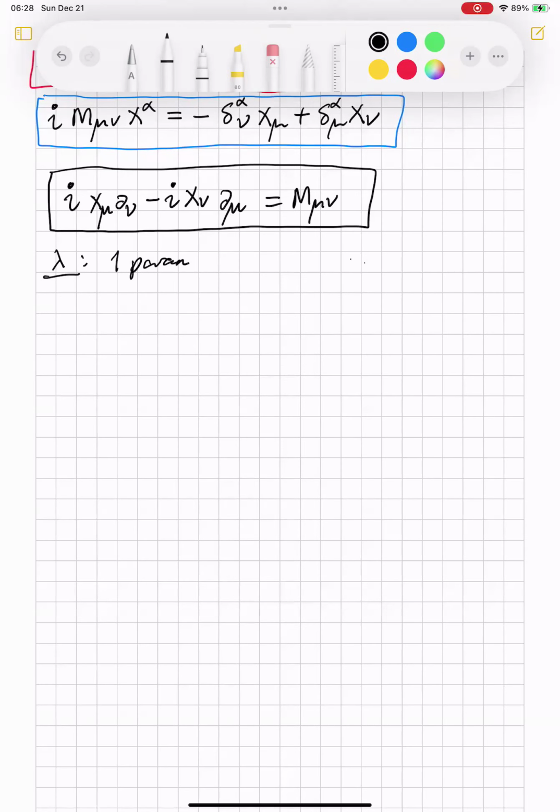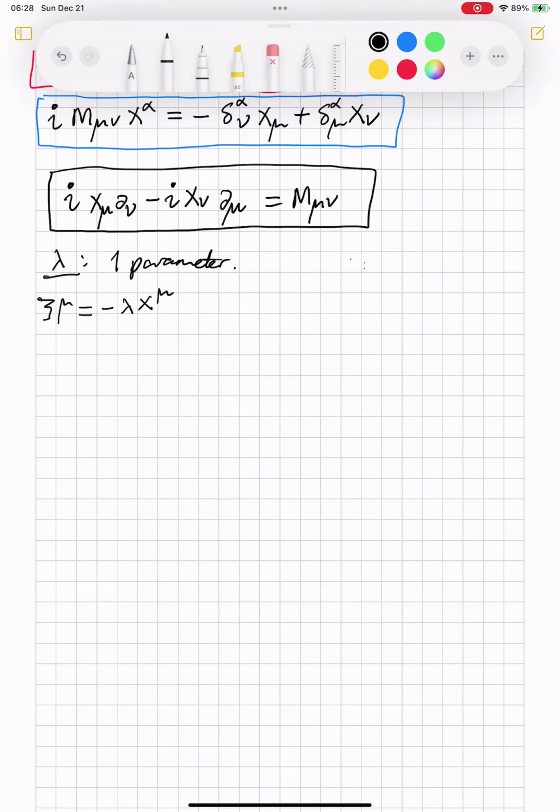Okay, so now let's move on to scaling transformations. They're associated to the parameter lambda. In this case, we have one parameter, and we know that zeta mu is equal to minus lambda x mu.